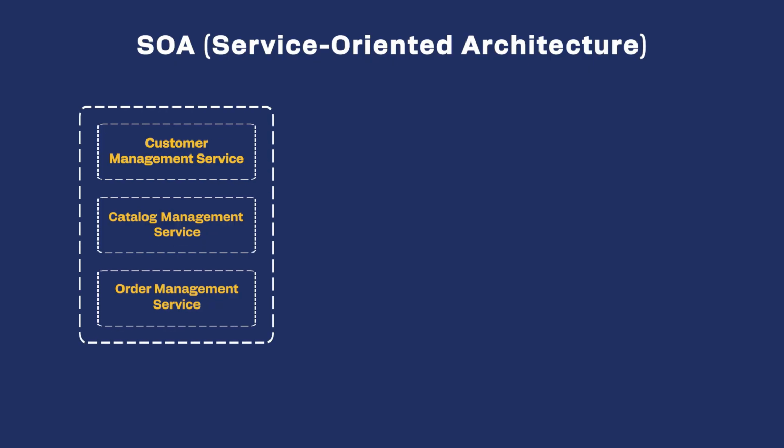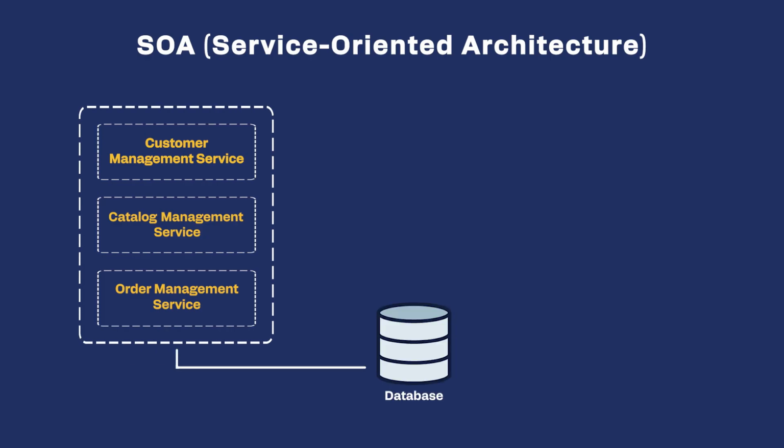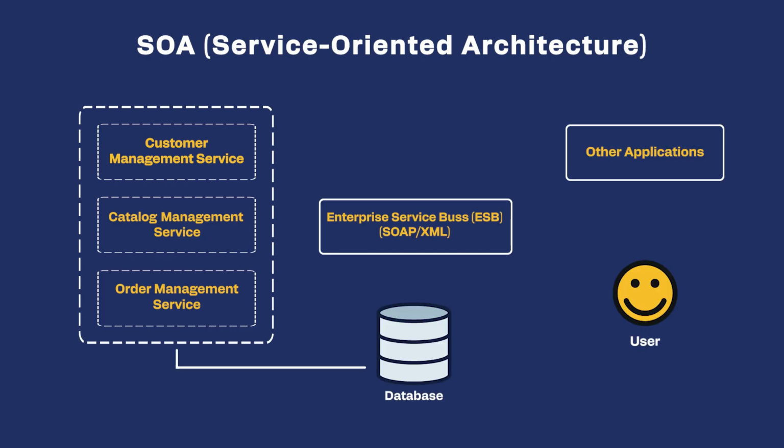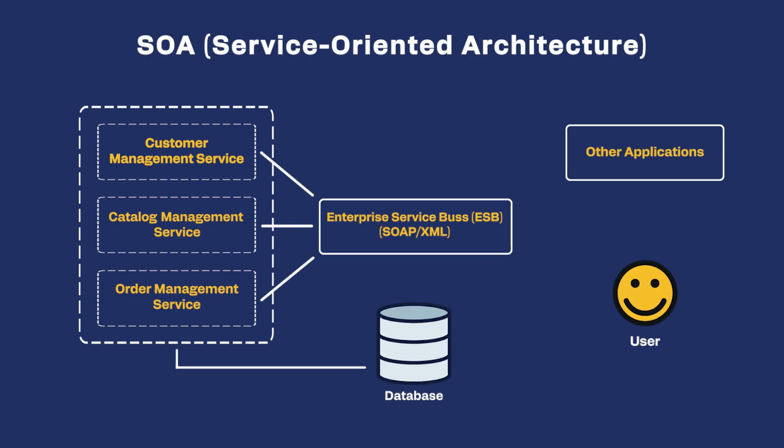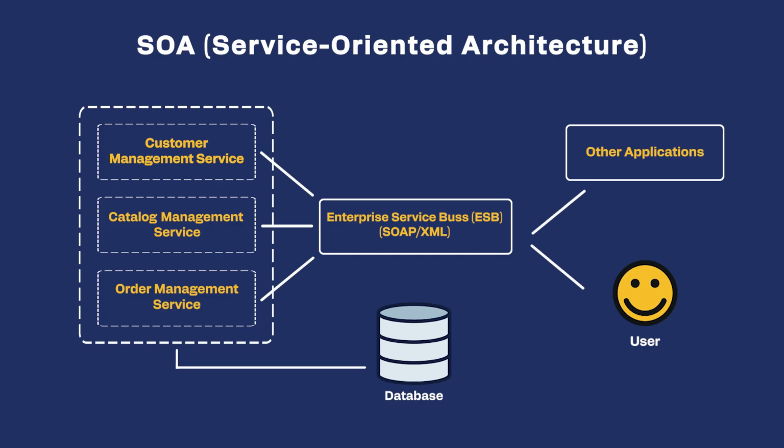In SOA, an application is split into multiple services, with each service responsible for a specific business function. These services are meant to be logically independent. They are often developed separately, sometimes even by different teams. In practice, services might live in separate repositories or the same one, but the key idea is that their business logic is separated.